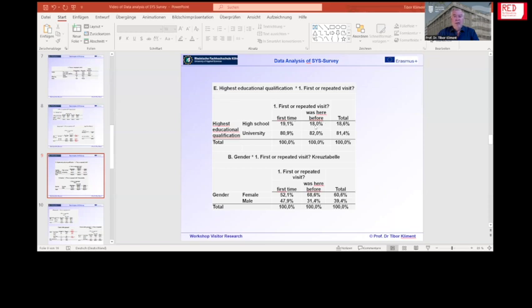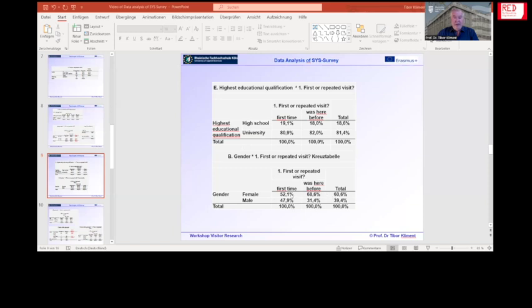There's no big difference between first-time and regular visitors. So we may find other criteria that are more important, and what we see here is we're looking for the difference between female and male visitors.